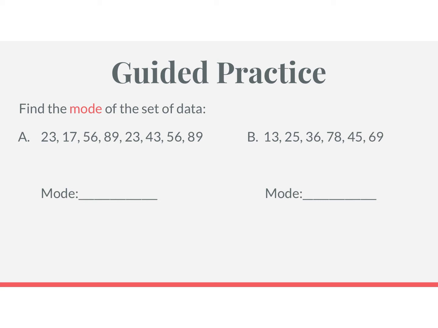So I will look for the smallest number, 17, and cross it out. Then 23, 23, 43, 56, 56, 89, and 89.